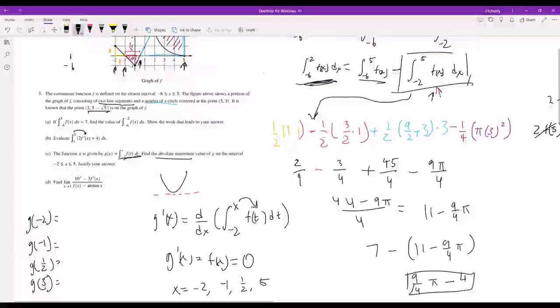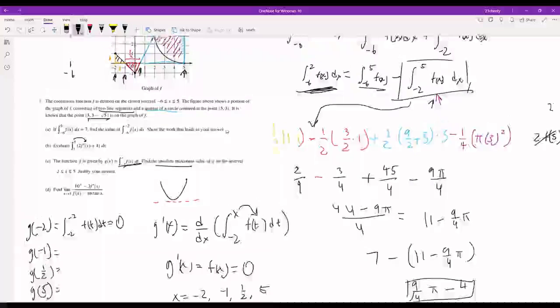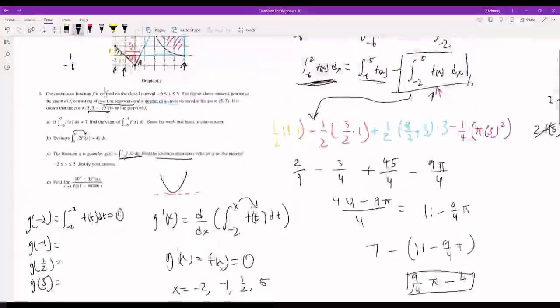So g of -2, well, that's just the integral from -2 to -2 of f of t, which, since it's from -2 to -2, is 0. And then g of -1, from -2 to -1, we can see it's this area up here. So that's 1/2. Now g of 1/2 is this first triangle minus the red triangle, because the red triangle is negative, remember that?